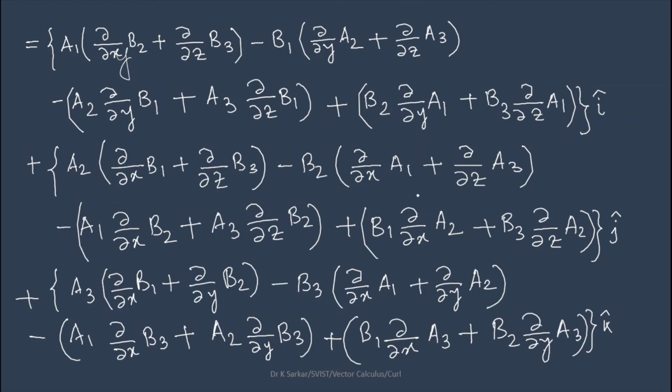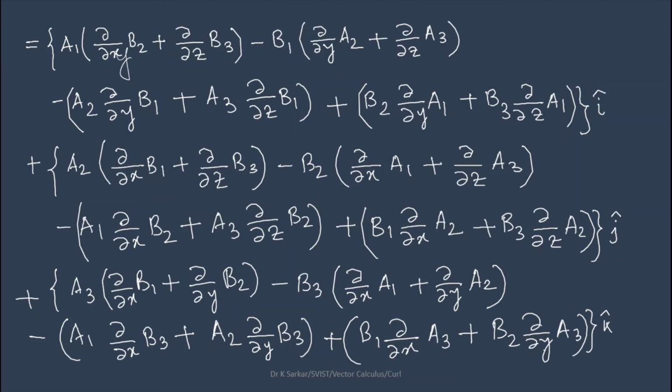Okay, done. Next here, minus a1 del x b2 plus a3 del z b2, and what term we have added, that we have to subtract. So here we have to add one more term, that is a2 del y b2.